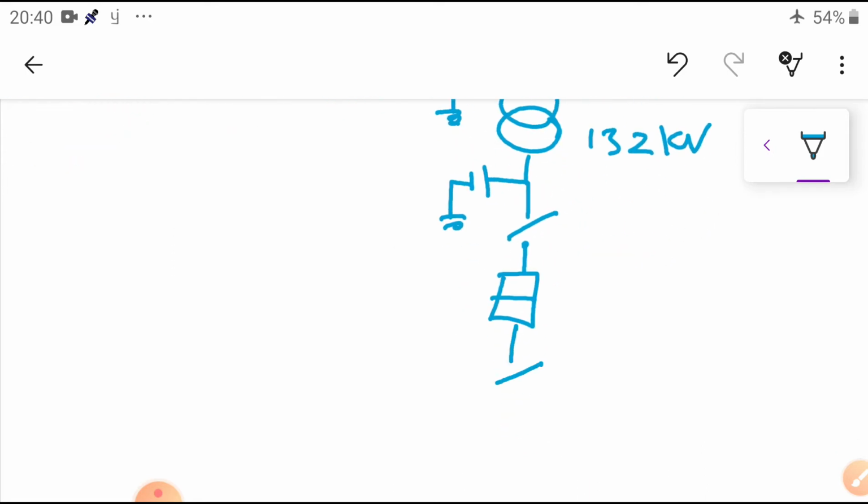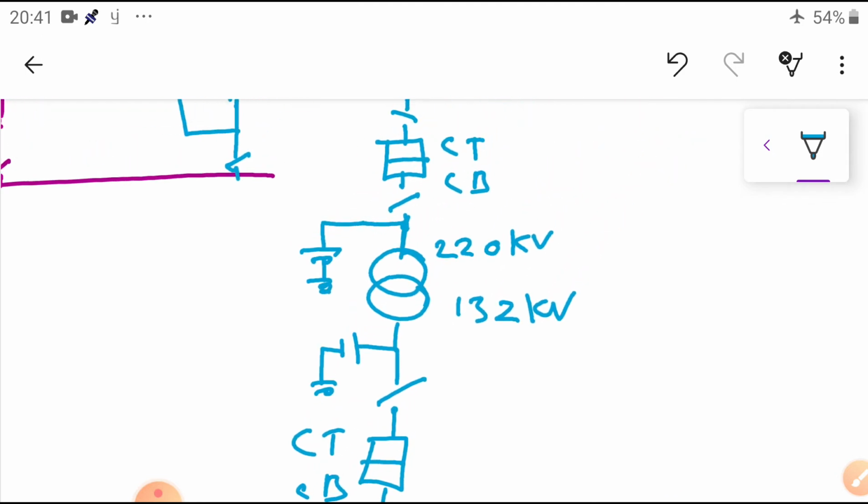Okay, next, isolator. Now that feeder may go directly to the load center, or you may connect it to the common bus. Okay, the common bus. Now you can see the CT, CB, and so this is one transformer.